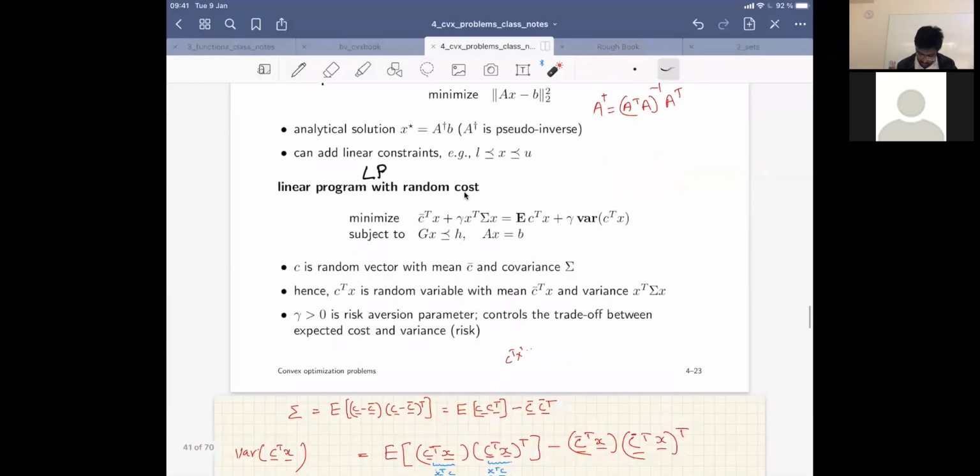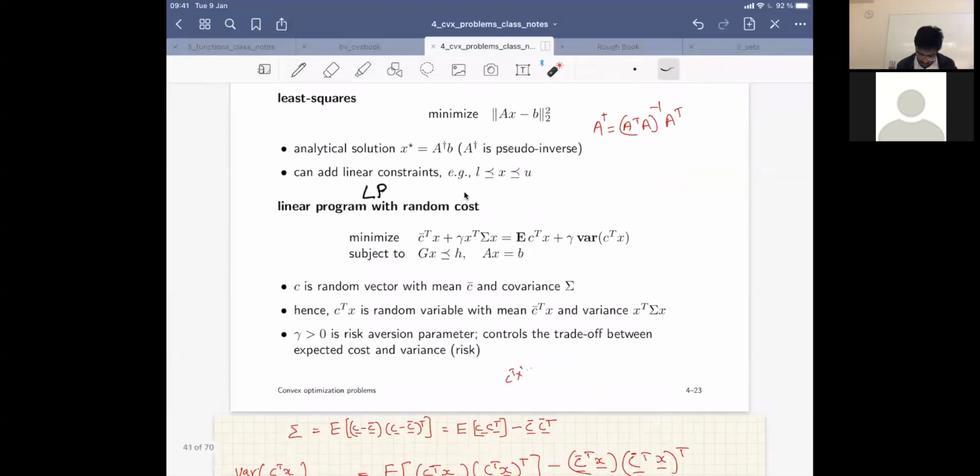So here, let's say you want to minimize C transpose X. Now what you are saying is C is not deterministic. C is a random vector, with mean C bar and covariance sigma.